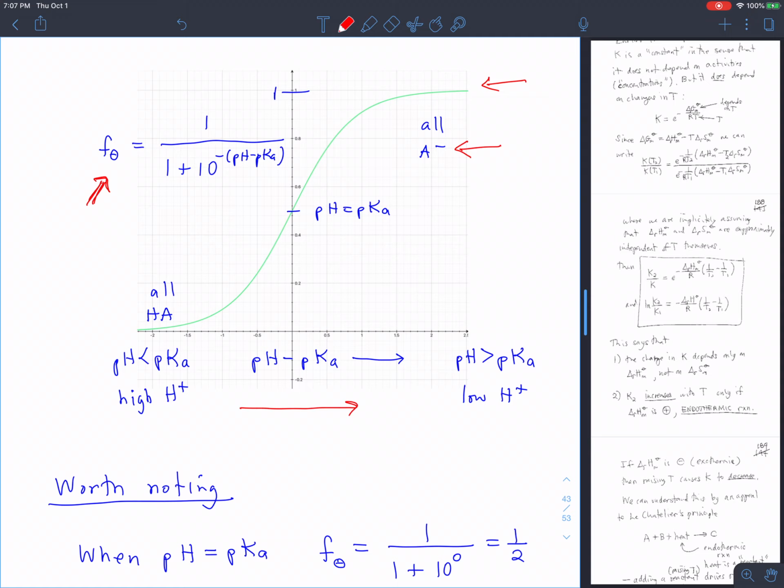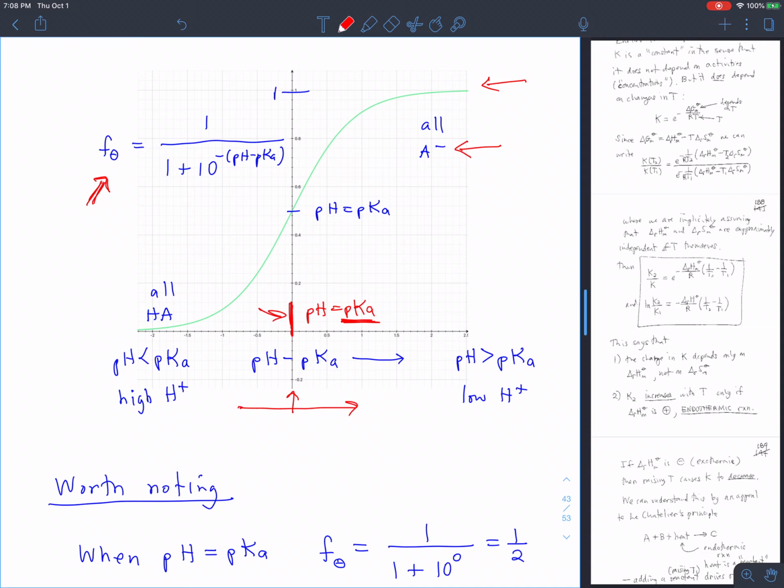And notice this is pH minus pKa, so this point right here is the point where pH is equal to pKa. So this is not pH 7 here. This is whatever pH value the pKa happens to be. If it's a typical organic acid, it'll be around 4.